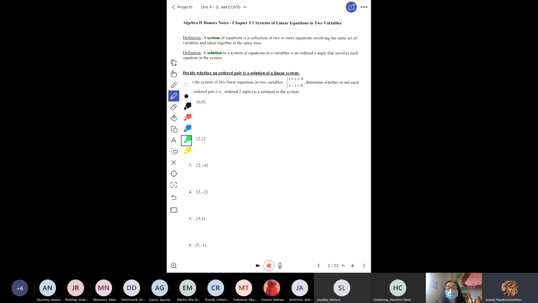So a system is a set of two or more equations taken at the same time, simultaneously graphed on the same Cartesian plane, if we're in two space. And the solution to a system, if in two space, is an ordered pair that satisfies both or all of the equations in the system.